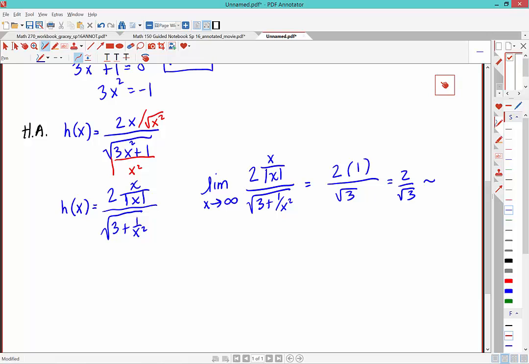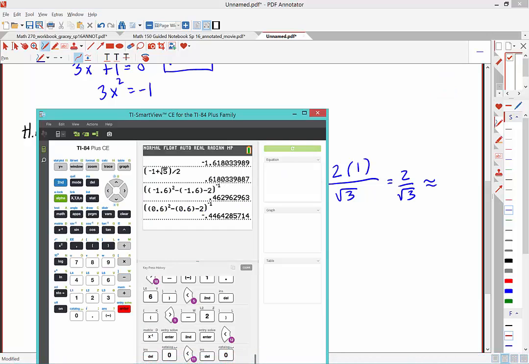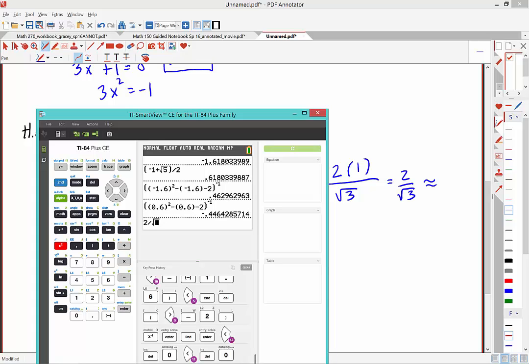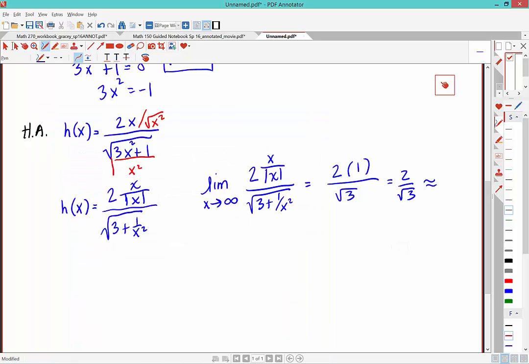And let's get an approximation for that. So that's approximately 1.15.